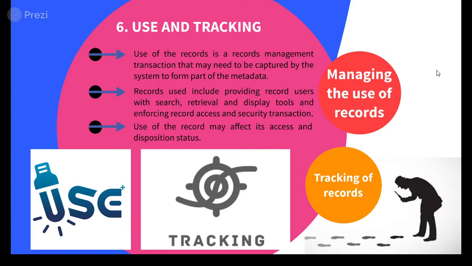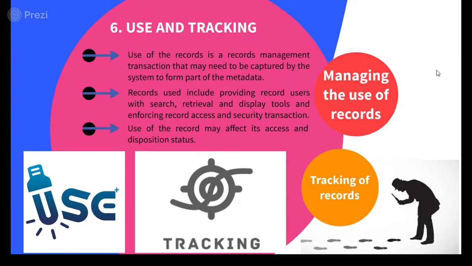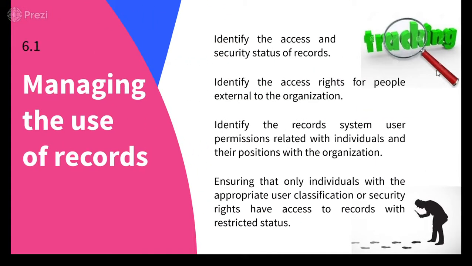For topic number 6, we have 2 subtopics. The first one, managing the use of records. We have 4 points for managing the use of records. The first one, identify the access and security status of records. Second one, identify the access rights for people external to the organization.